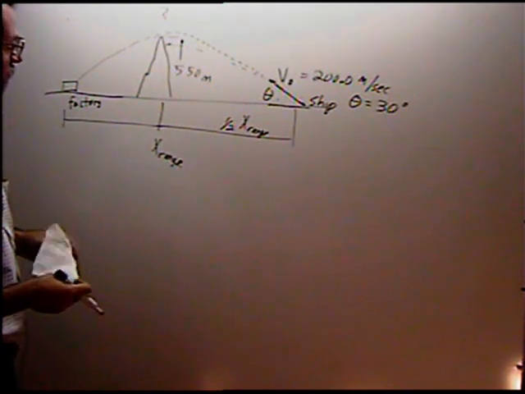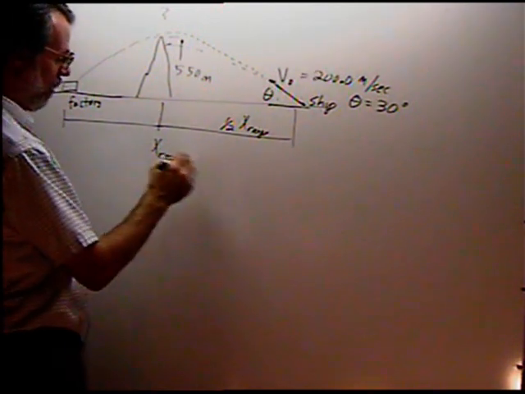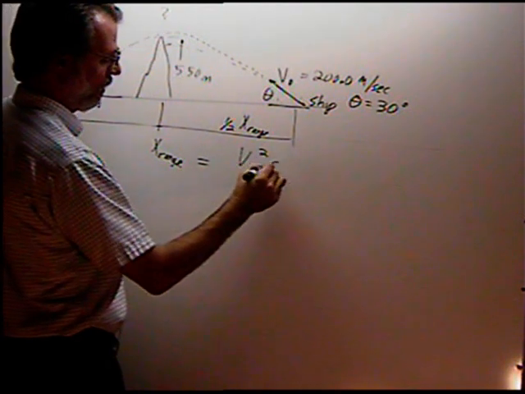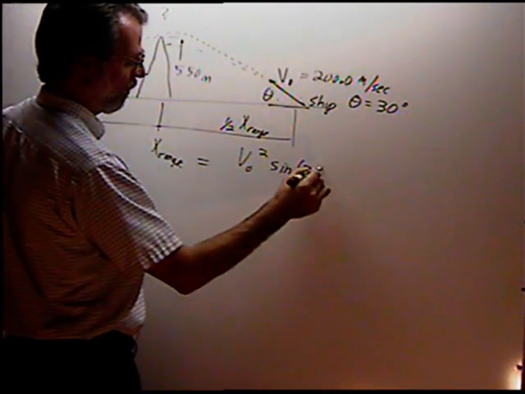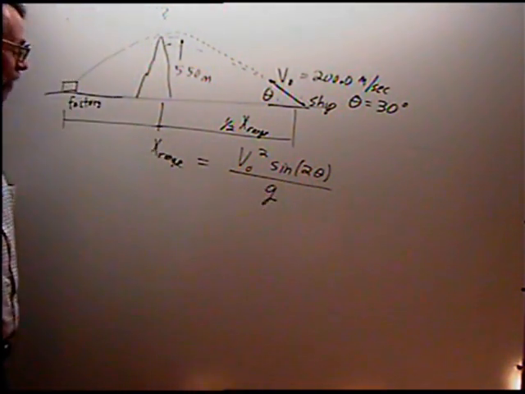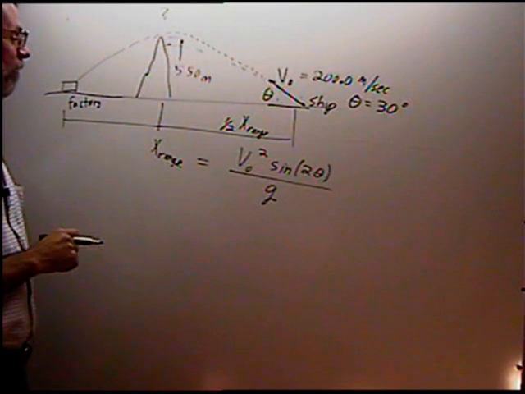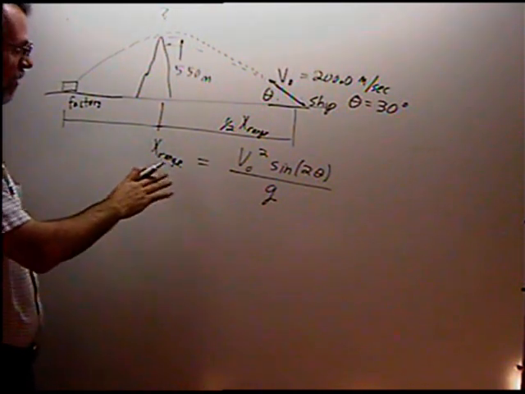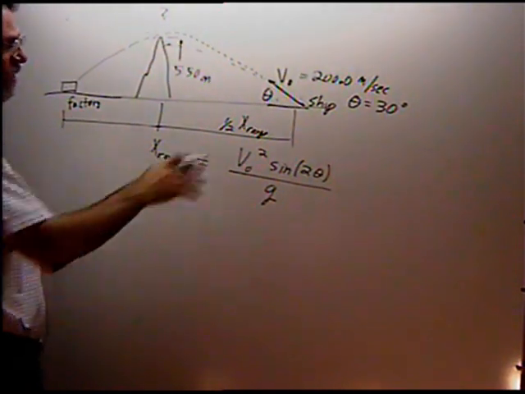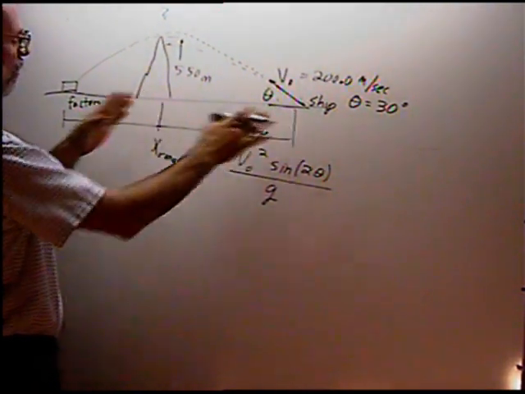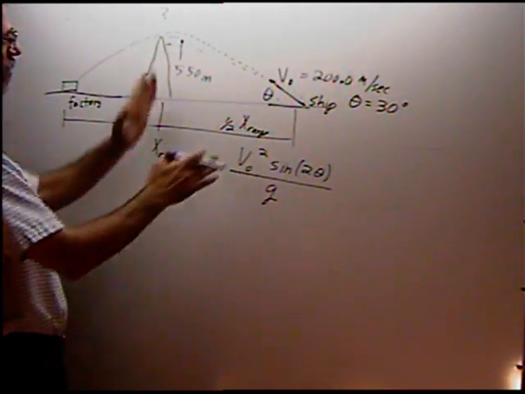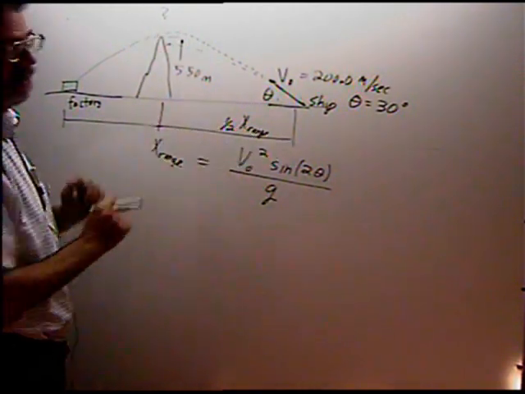The range equation, remember, x range equals the initial velocity squared times the sine of 2 theta, all divided by g. We could solve for this, and that would give us the range. If we know the full range, we could then calculate the distance to the mountain, because that's half the range.